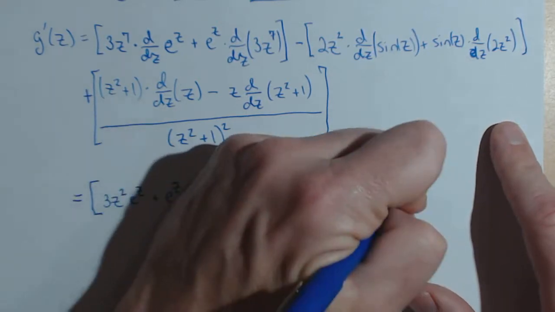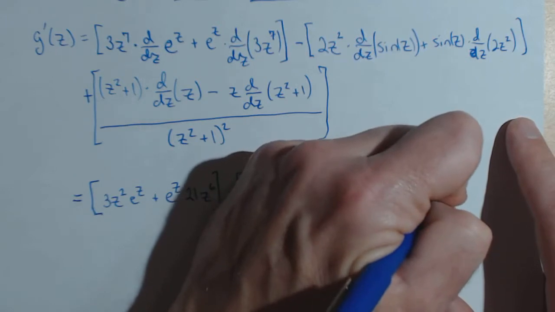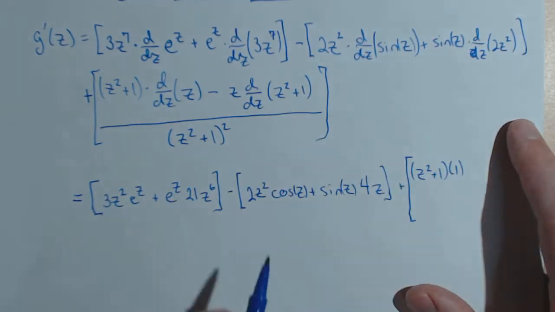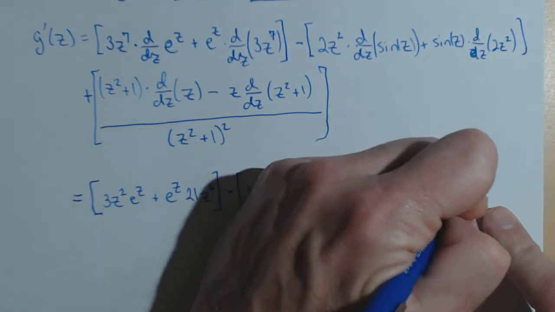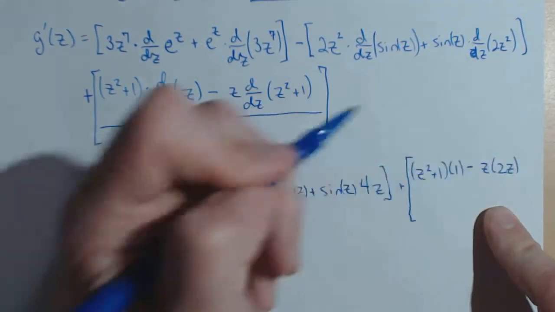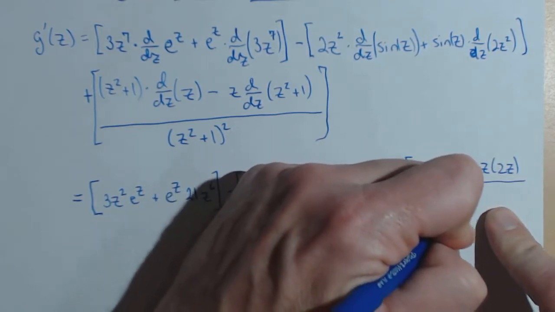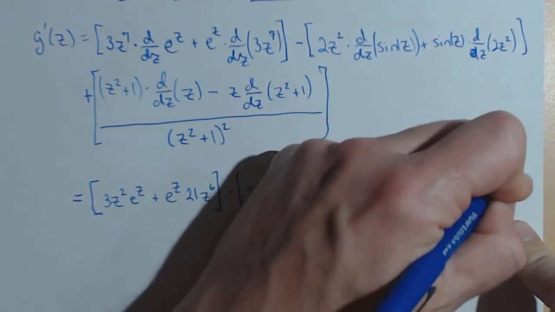On the numerator, we're going to have a z squared plus 1 times the derivative of z, which is just 1, minus z times the derivative of z squared, which is 2z, all over z squared plus 1, the quantity squared.